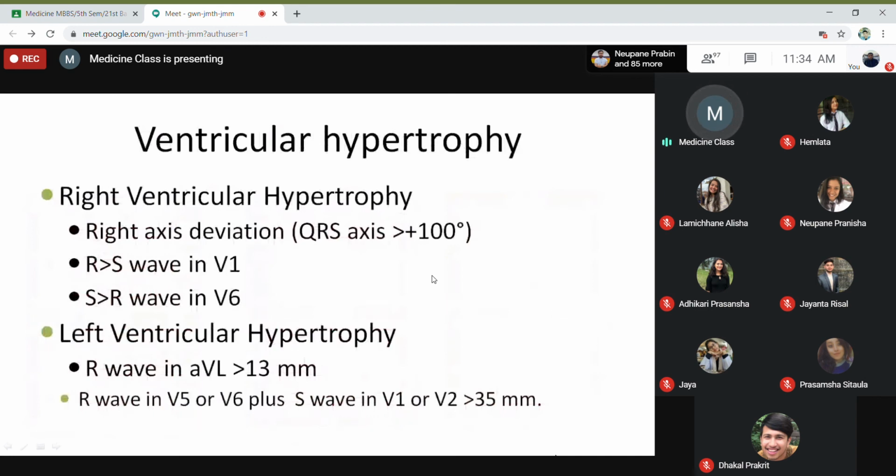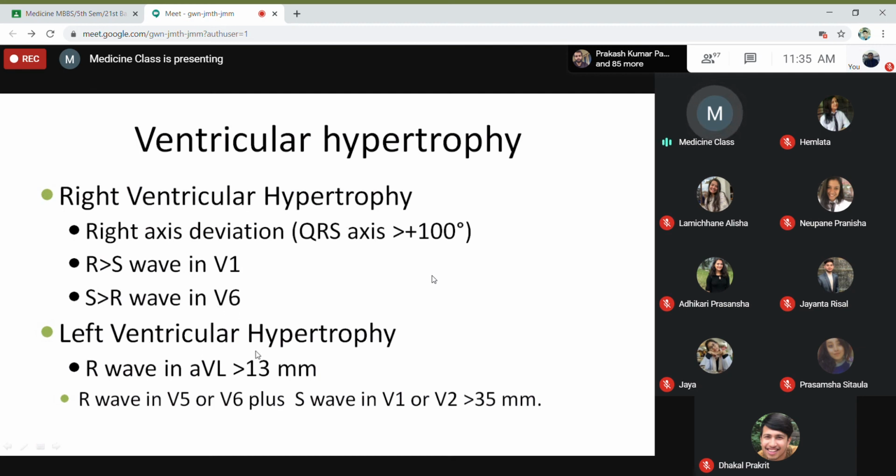Ventricular hypertrophy can also be diagnosed with the help of ECG. In right ventricular hypertrophy, there will be right axis deviation. R will be larger than S wave in V1, and S wave will be deeper than R wave in V6.